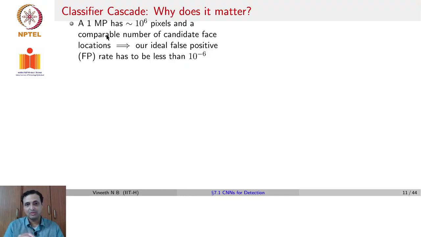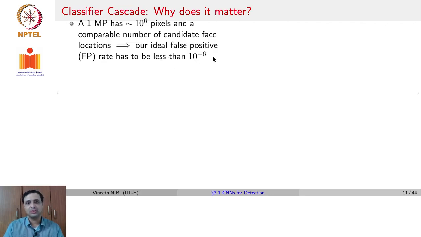Once again, you could have different sized faces, which would even further expand the possible candidate face regions. But for the moment, let's assume that you have at least 10^6 candidate locations. So your ideal false positive rate has to be less than 10^-6, assuming there is only one face or of the order of a few faces.